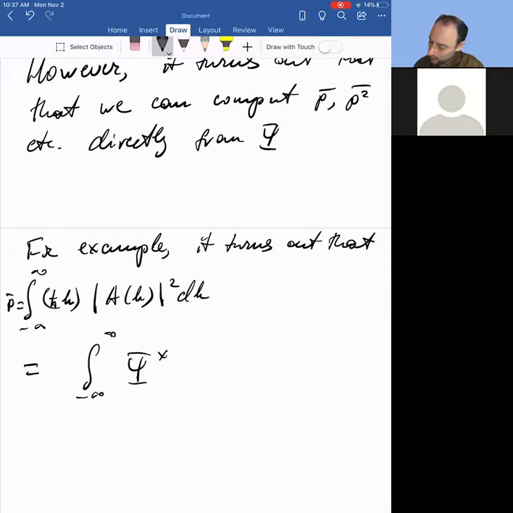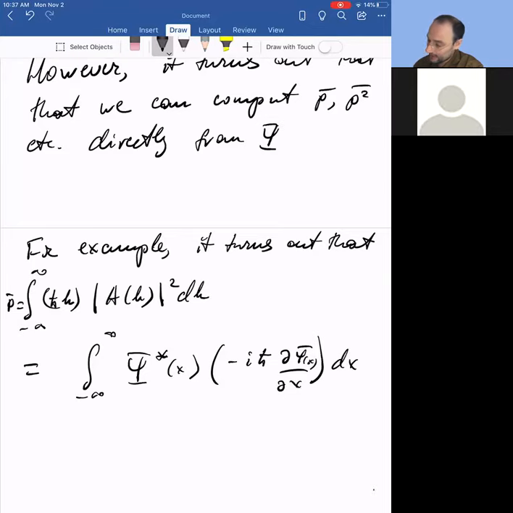You take the complex conjugate of psi, a function of x, and multiply it by the following thing. This is also a function of x.